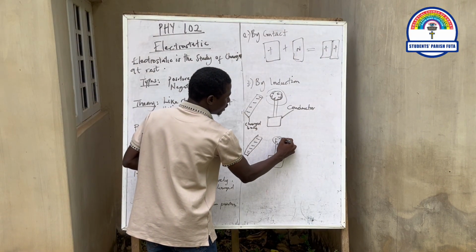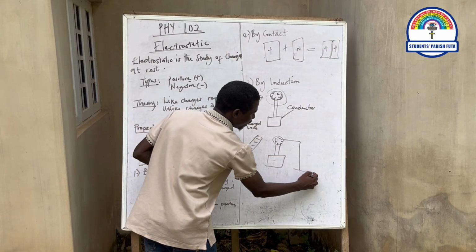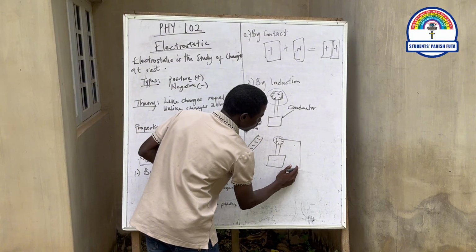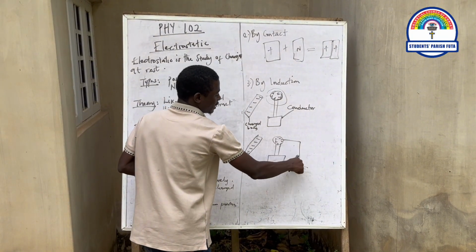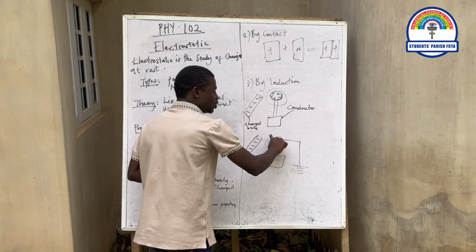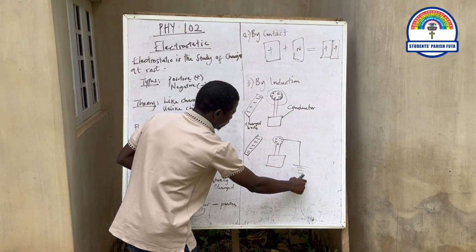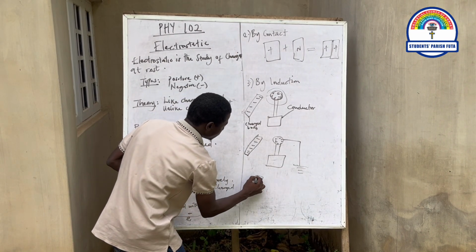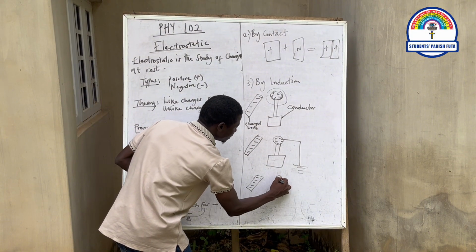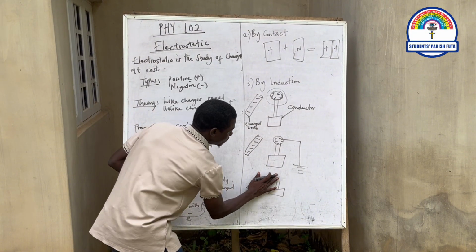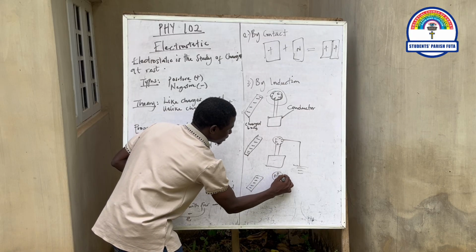Earthing the body means you touch it and connect it to the ground. So this one is like contact. Let's call this a wire. It draws the negative charge into the ground. Then what you have is just positive charges in the conductor.